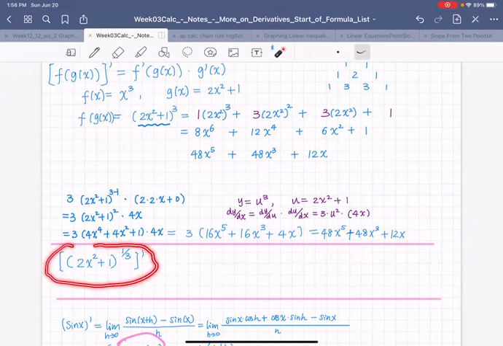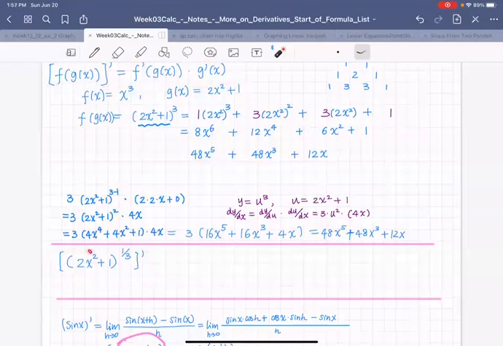Please find this derivative by using the chain rule we learned. The outer layer is something to the power of 1/3. The inner layer is this. We want to apply the chain rule.